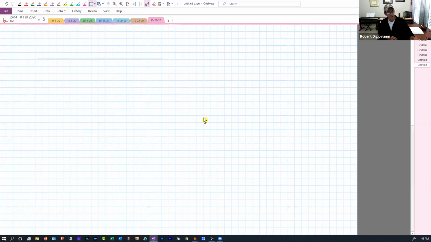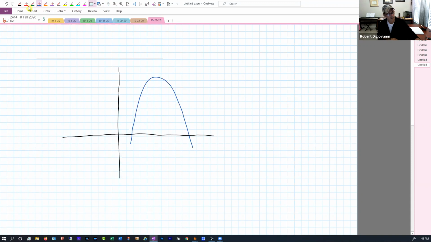Okay, so let's consider this. Let's say we have a region that looks like this. Here we go. We got this region or that curve, and you have that curve right there. So there's our region.